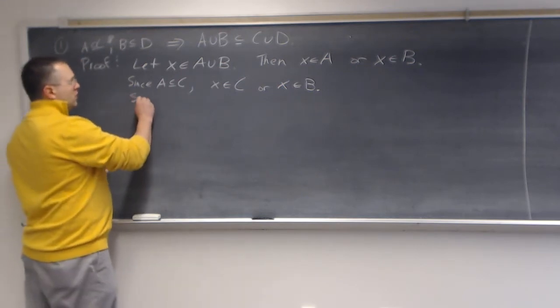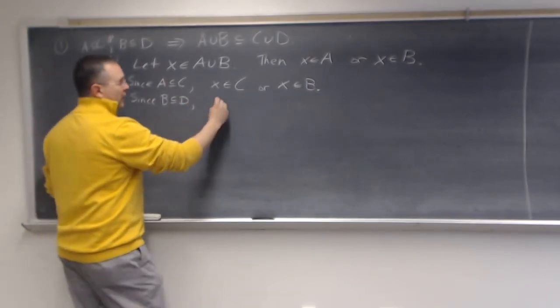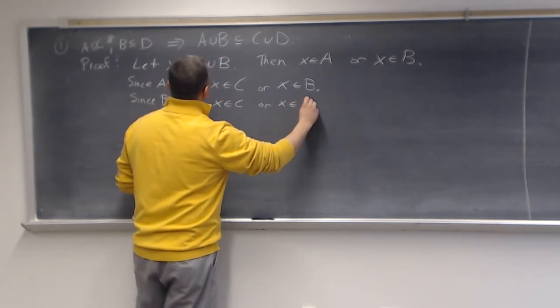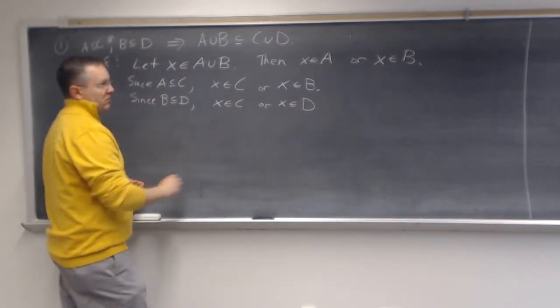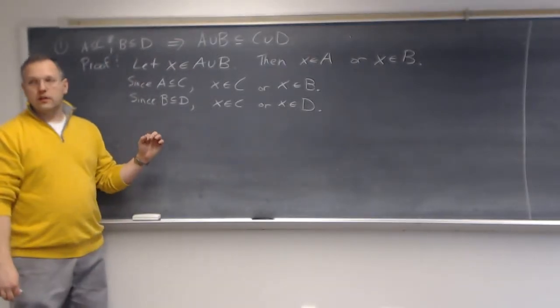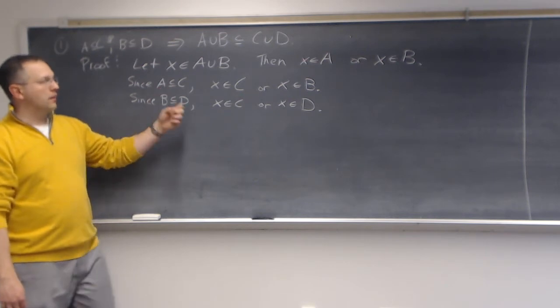Similarly, since B is a subset of D, I can conclude that X is an element of C or X is an element of D. Okay? You see how I did that? I went one step at a time. I kept my 'or' statement.